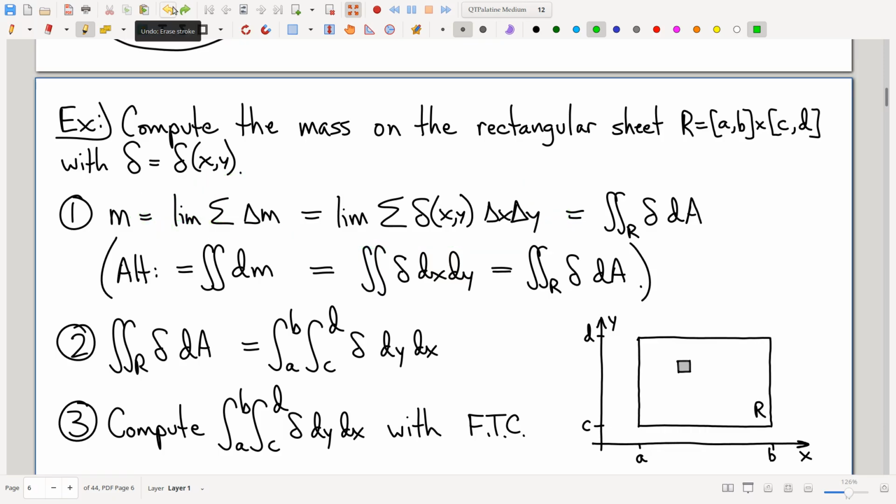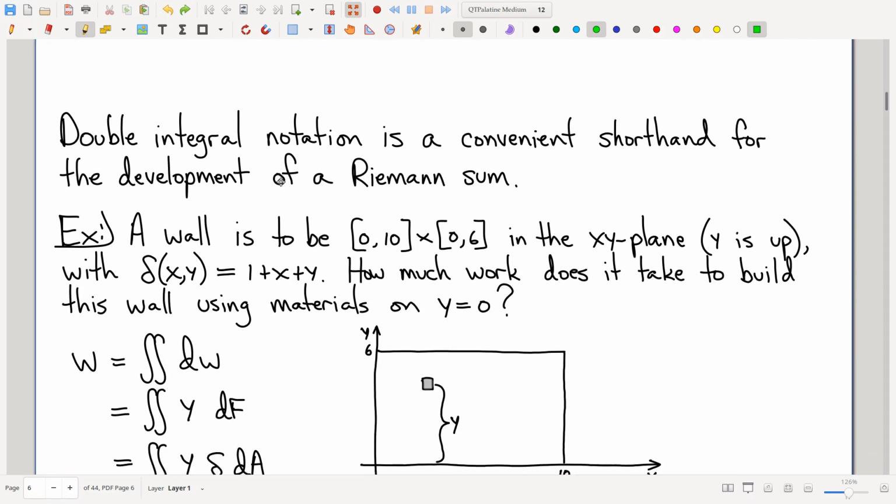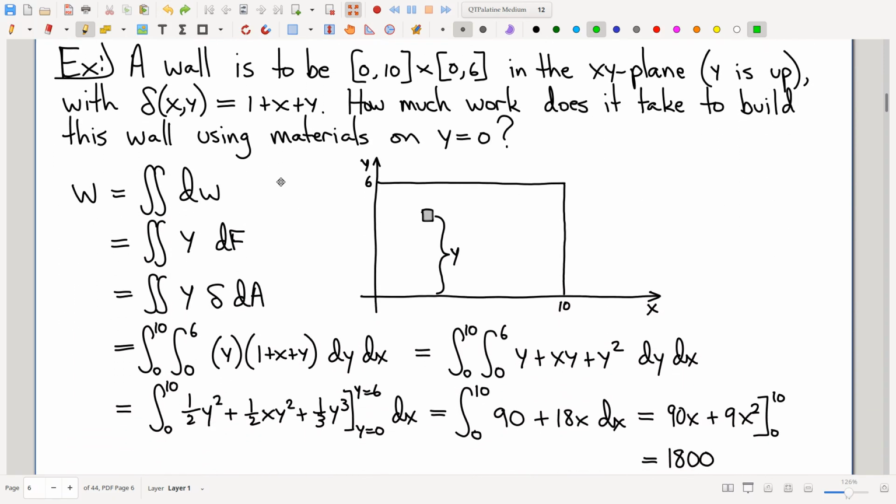Okay. All right. So, related example. I'm not going to do most of this example, but I want to point out that sort of notational business. So here we have a hard problem. We're building a wall.